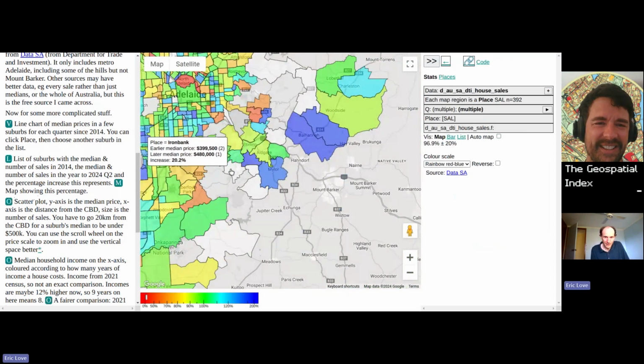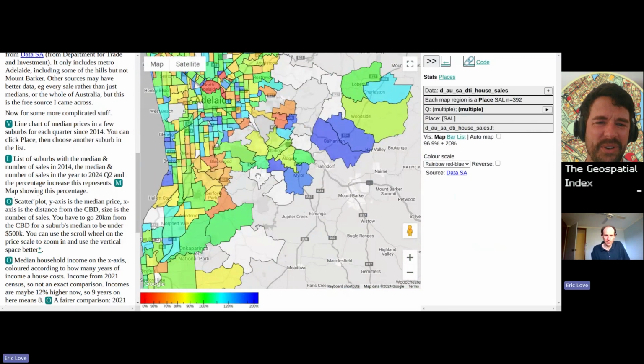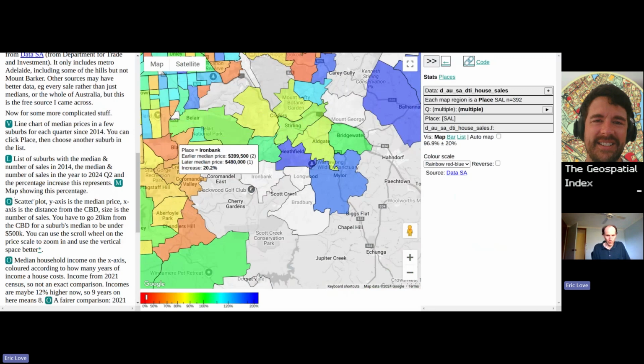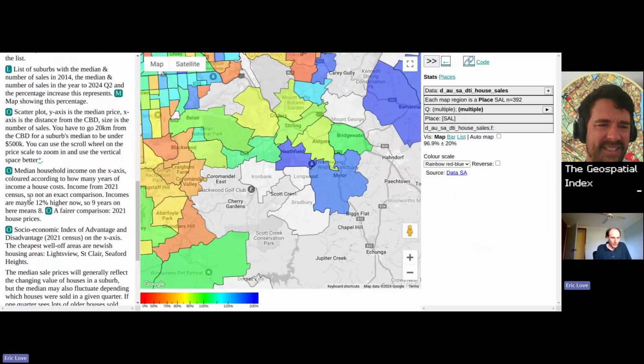There it is. Yeah. And it's not really so some of these other suburbs, Crafers West, Crafers, Stirling, Aldgate, Bridgewater, they're kind of hill suburbs. Places like Iron Bank are a bit more rural, so there aren't actually that many homes in them. Yeah, it's been a while since I've been to Iron Bank, that's for sure. Cool. Could you go back to that scatter plot of distance? Yep.